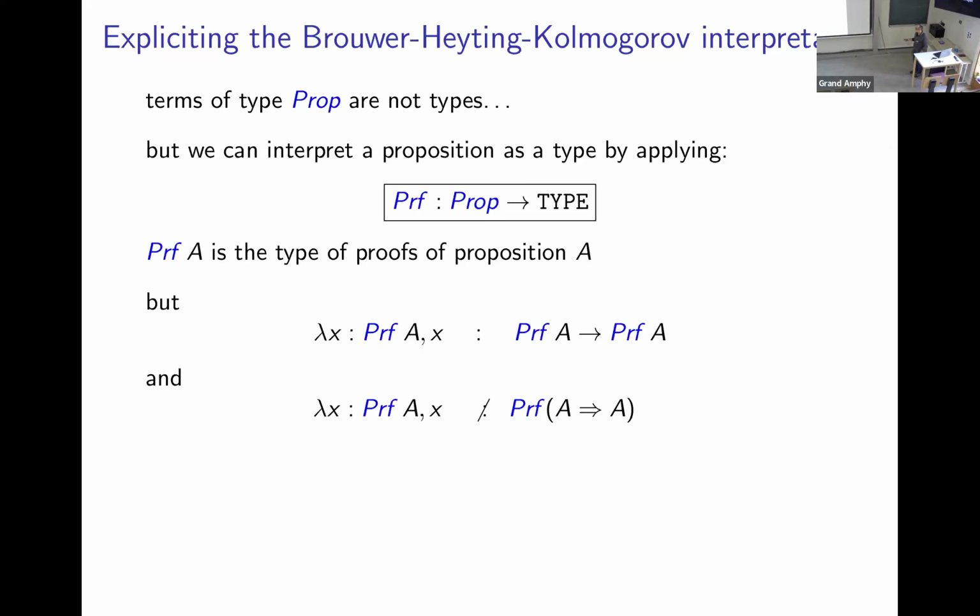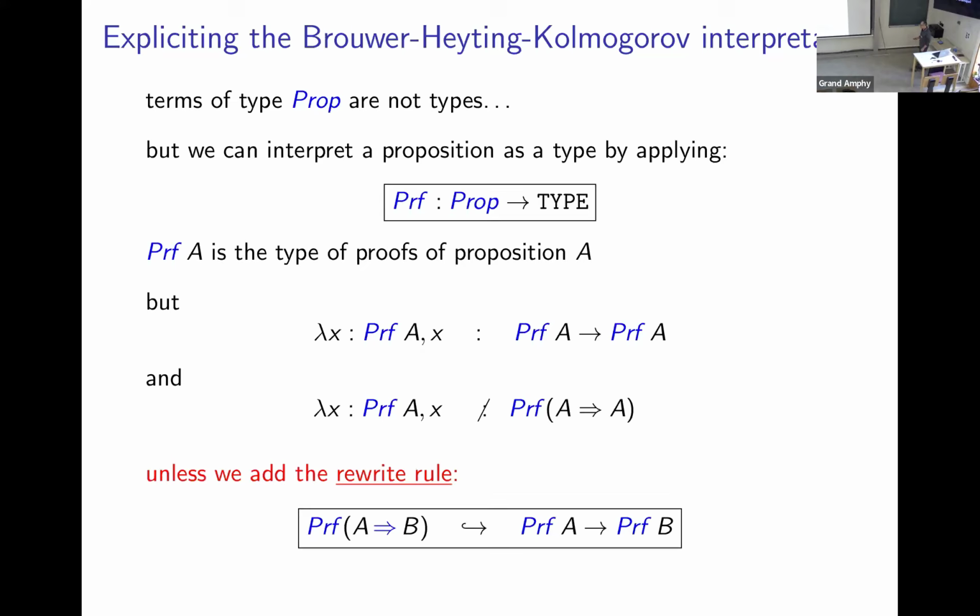But the identity on the type Proof A is Proof A → Proof A. It's not Proof of (A ⇒ A). For the identity to be of this type, as we would like, we need to identify these two types in some way. And it is here that we are going to use rewriting.